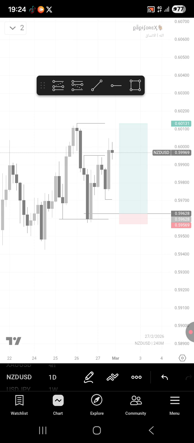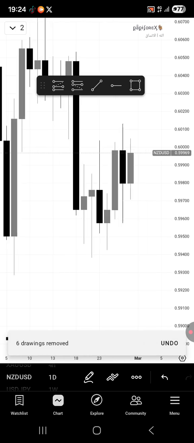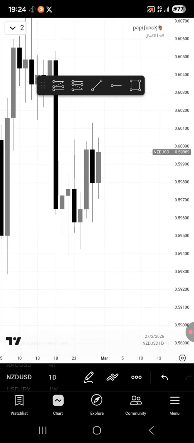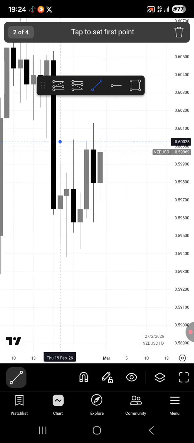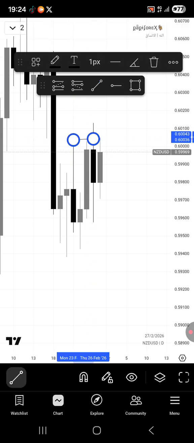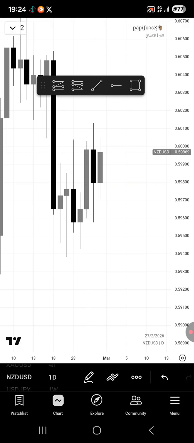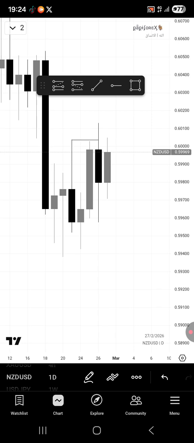You can see from my daily on NZD, my daily is not that clear. Although I can see a sweep around this area, I don't like seeing things for my daily. If it's not a fair value gap, then nothing.